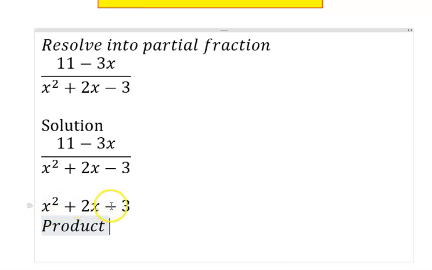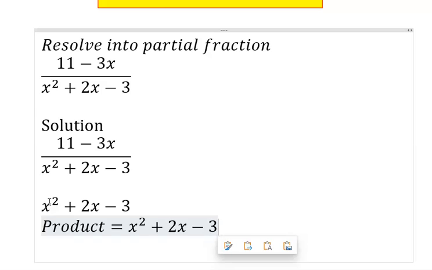If you take 3 at the extreme right and x squared at the left, the product will be what? Because there is a minus here, you consider the sign: minus 3 and x squared. So our product will be minus 3x squared.